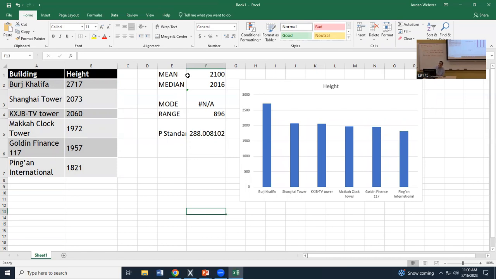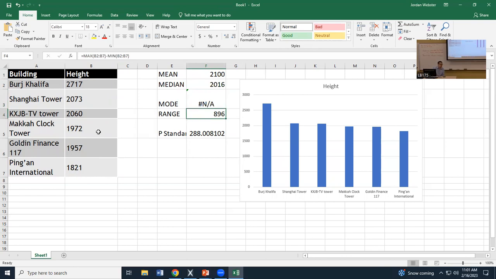So in order to get the mean, what we did is we wrote equals average and then highlighted the numbers we wanted to average. To get the median, we wrote equals median and then highlighted the numbers we wanted to find the median of. The mode is equal to MODE.SNGL, that's single, and then highlight the numbers.